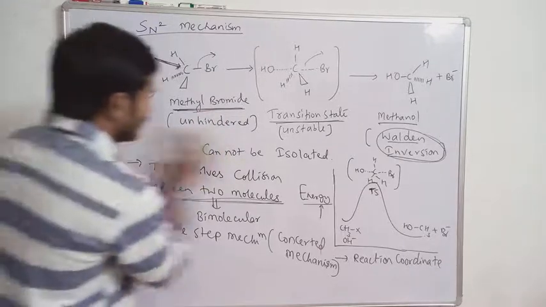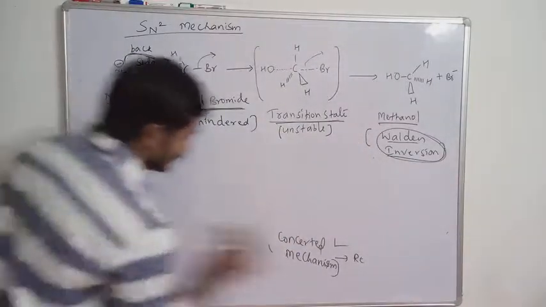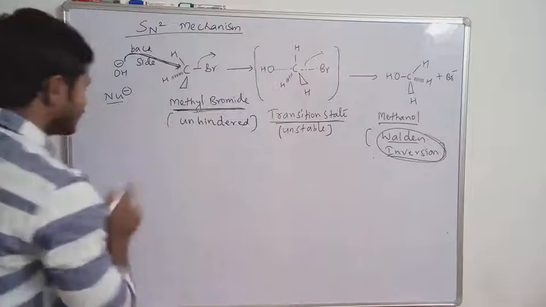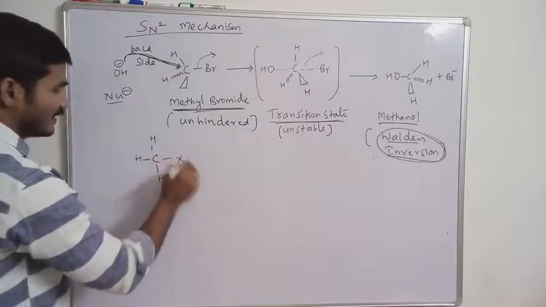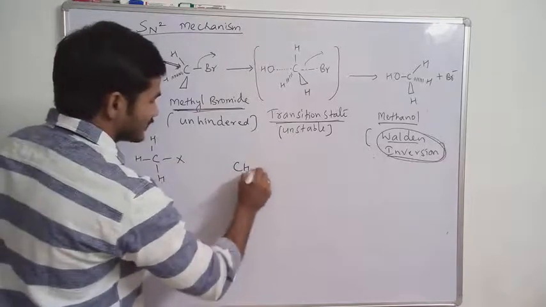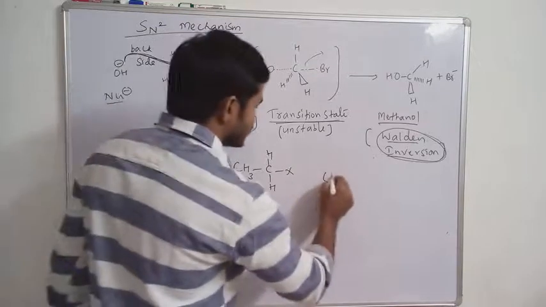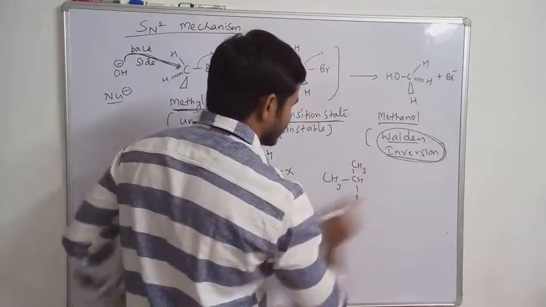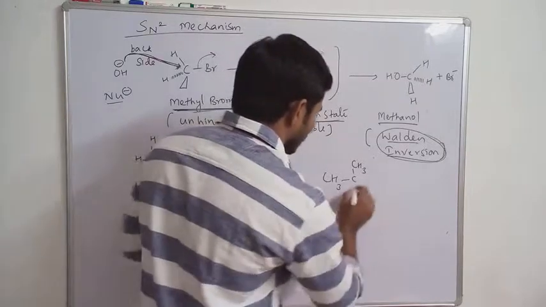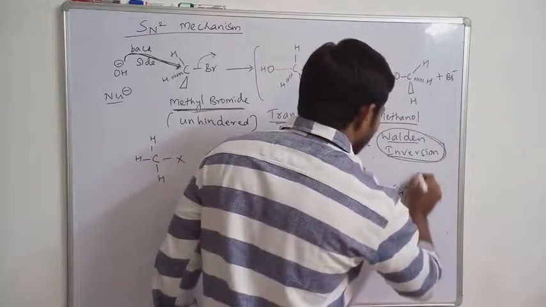Let us see it in different types of alkyl halides. I will take different molecules. This is methyl halide, this is ethyl halide, this is a secondary carbon containing halide, and this is completely hindered.